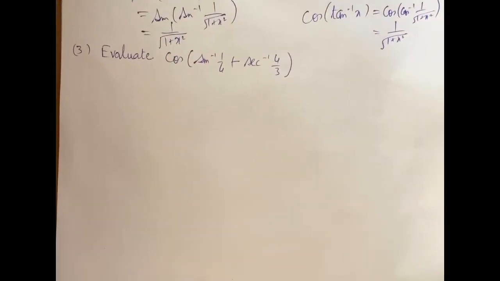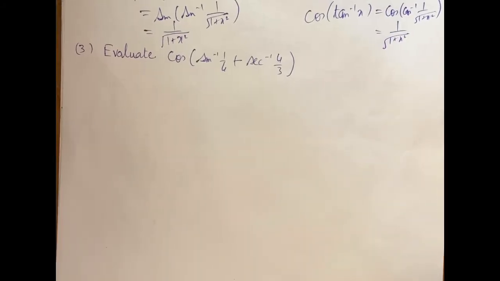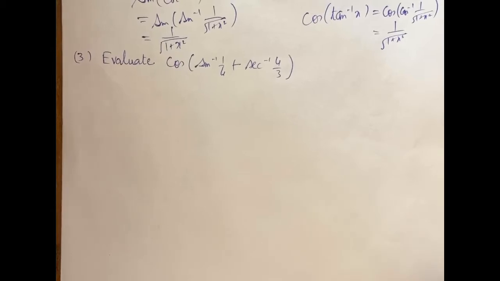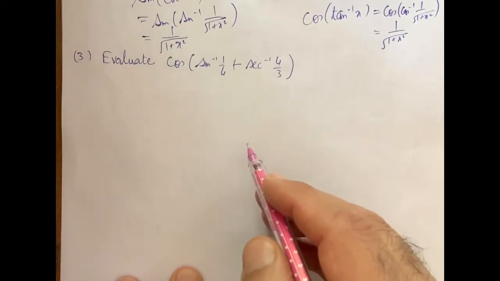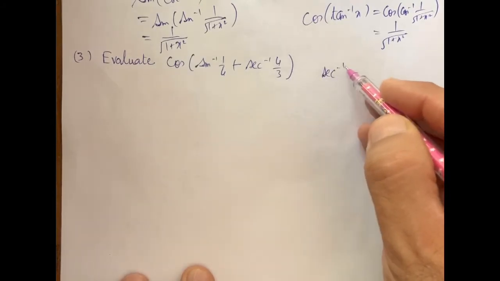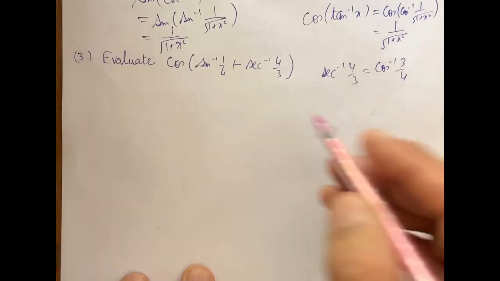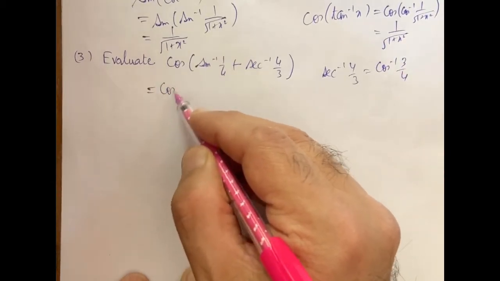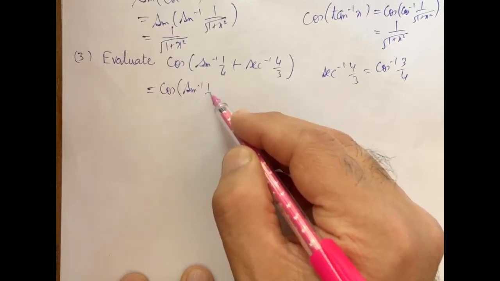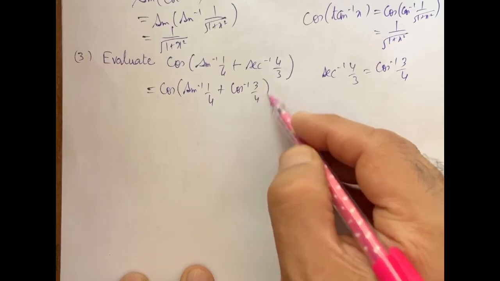The next one, we have to find the value of cos of sine inverse of 1 by 4 plus secant inverse of 4 by 3. So secant inverse of 4 by 3 can be written as cos inverse of 3 by 4. So let's write cos of sine inverse 1 by 4 plus cos inverse of 3 by 4.